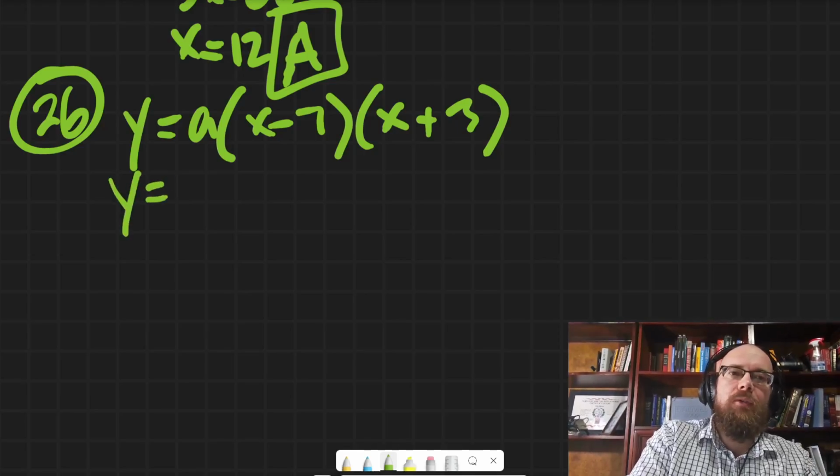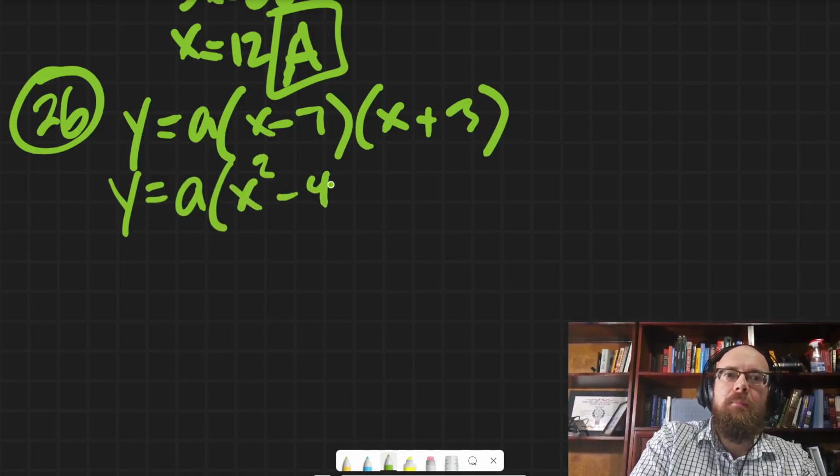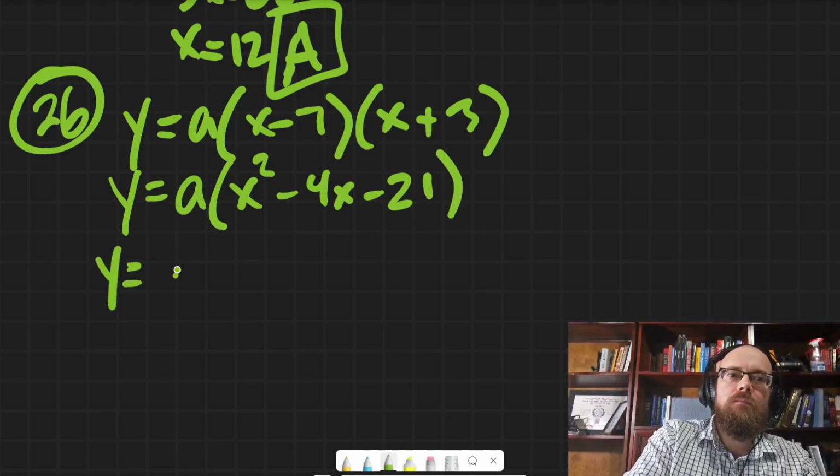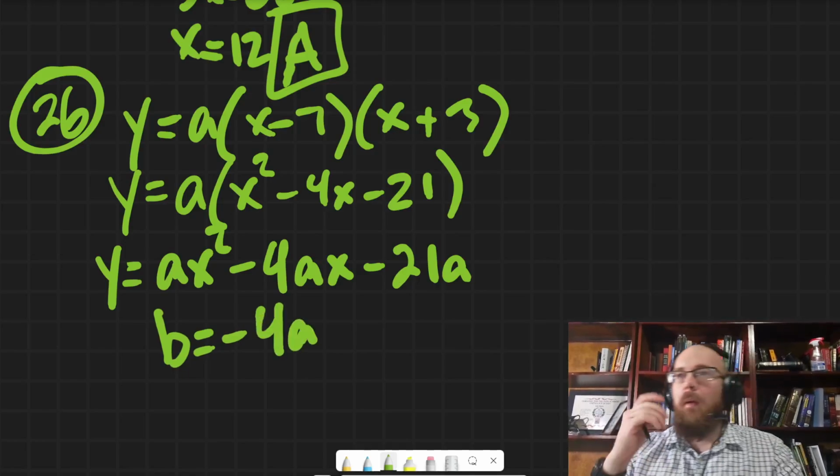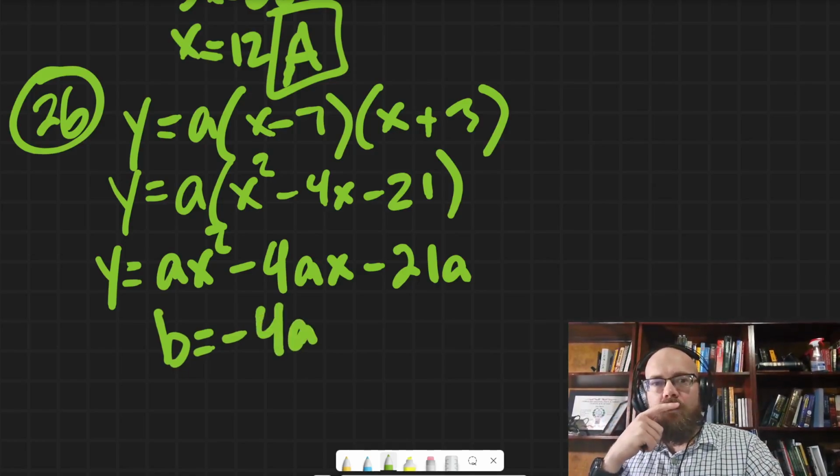Okay, so y is equal to A(x squared minus 4x minus 21), which is Ax squared minus 4Ax minus 21A. So A is just A, but B is equal to negative 4 times A.